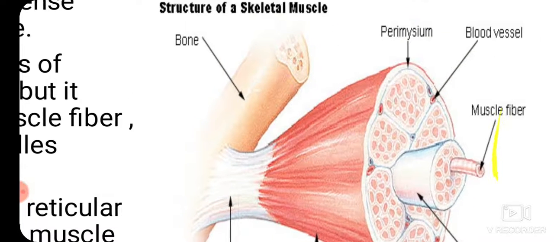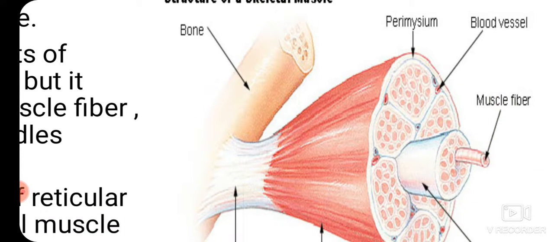And this is the muscle fiber. Here you see the blood vessels; the perimysium provides a path for the blood vessels and nerves.